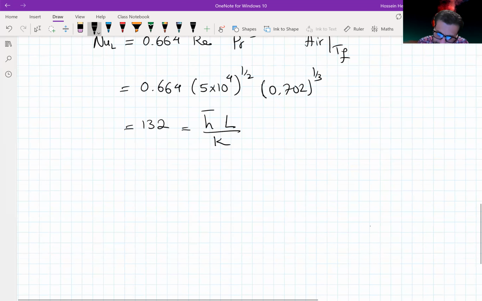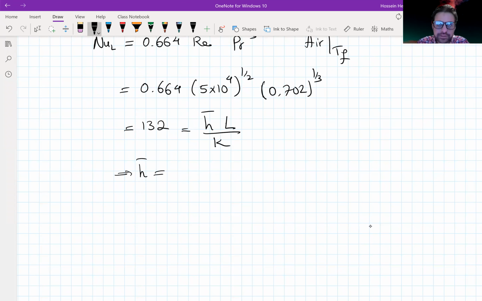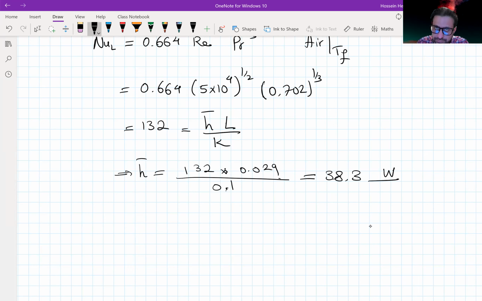And from here, the heat transfer coefficient is going to be 132 times 0.029 divided by 0.1, which is 38.3 watt per meter square Kelvin. This is h, and Q is going to be h times area times Ts minus T infinity.